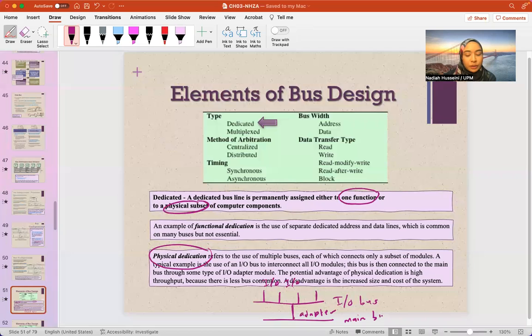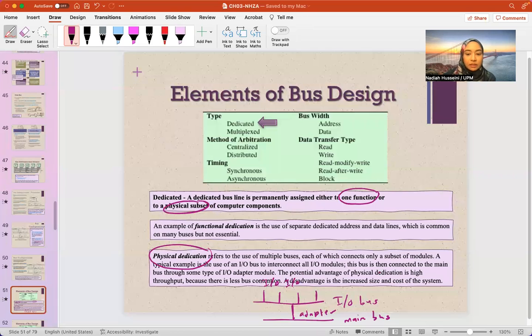I hope I'm not confusing you guys. Okay, so we have the I/O bus connecting to all the I/O modules. We have some sort of adapter, of course, to connect the I/O bus to the main bus. So the I/O bus here is the physical dedication bus type.